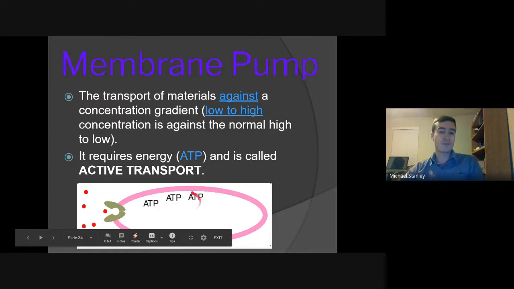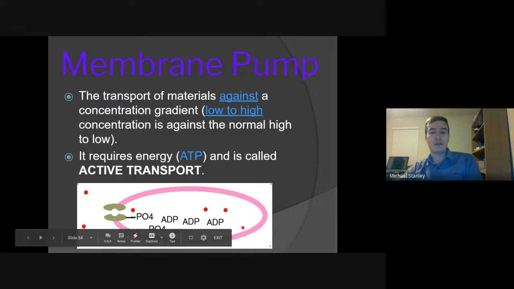So we start off with 3 ATPs, but in order to move 3 particles from the outside to the inside, we're going to one by one convert those 3 ATPs into 3 pairs of ADP and PO4.